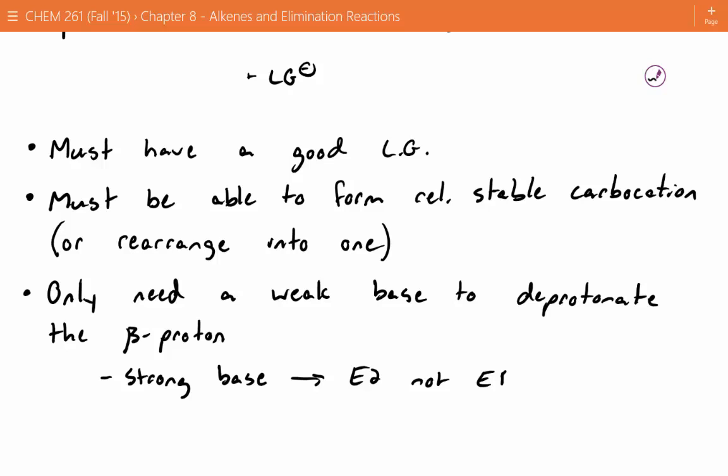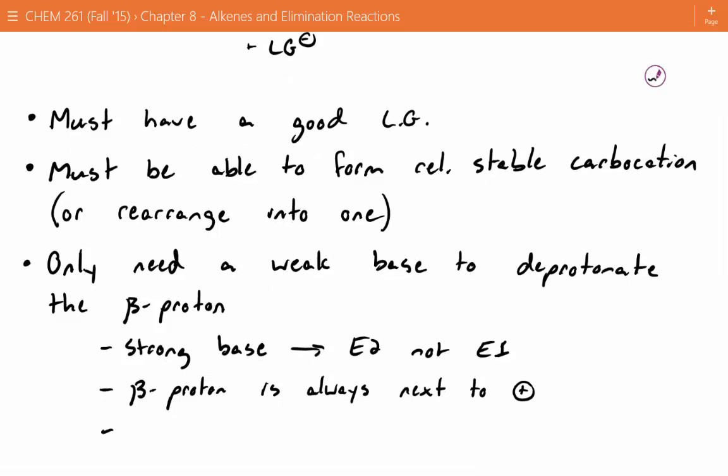not E1. Second thing is that your beta proton is always next to your carbocation. Even if it rearranges, as we saw in our previous problem of the day, the beta proton could change locations. It's always going to be the proton that's adjacent to that carbocation carbon.